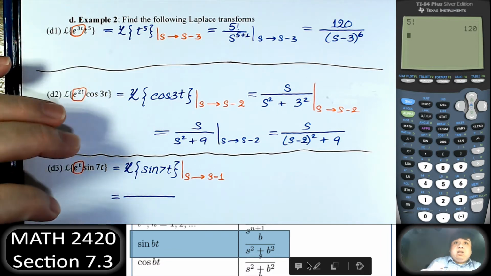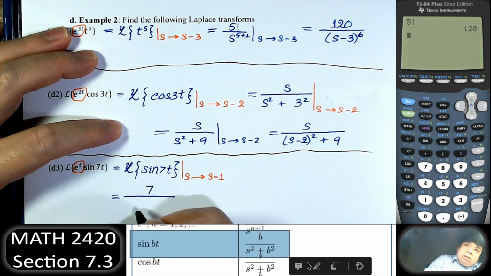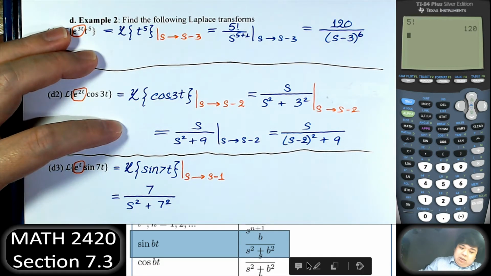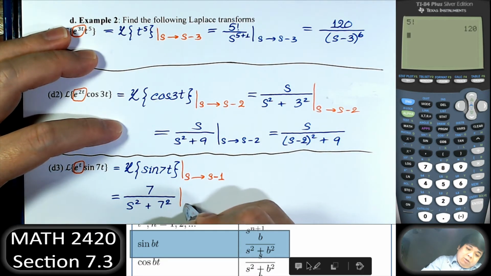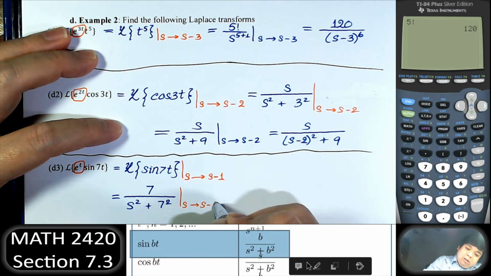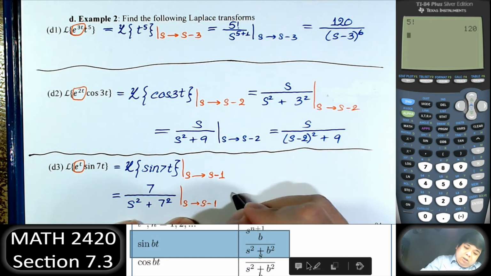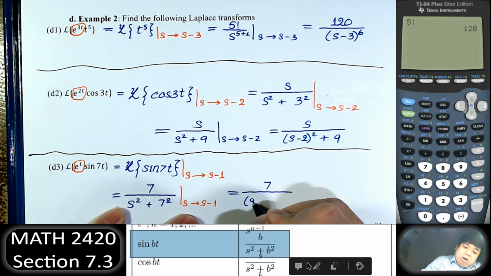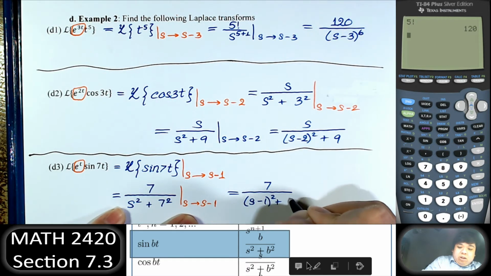B in this case is 7. So I have 7 over s squared plus 7 squared, and replace s with s minus 1. So in that case we have 7 over s minus 1 squared plus 49. 7 squared is 49.